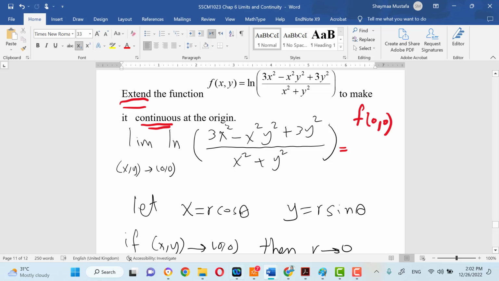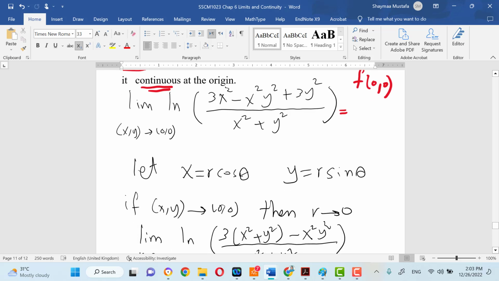So here I will change this to polar form. x will be r cos θ, y is r sin θ. When (x, y) goes to (0, 0), it means that r goes to 0.